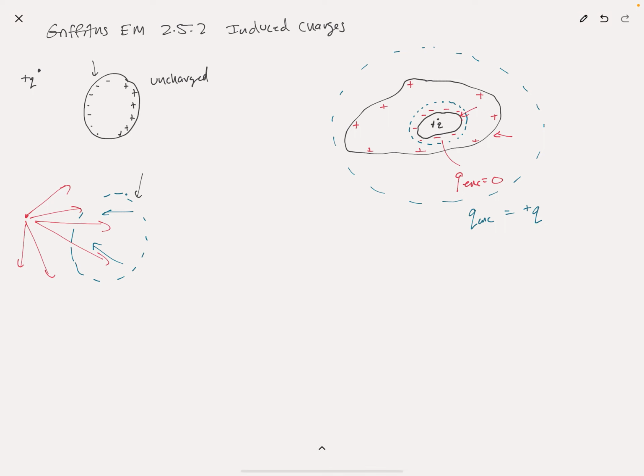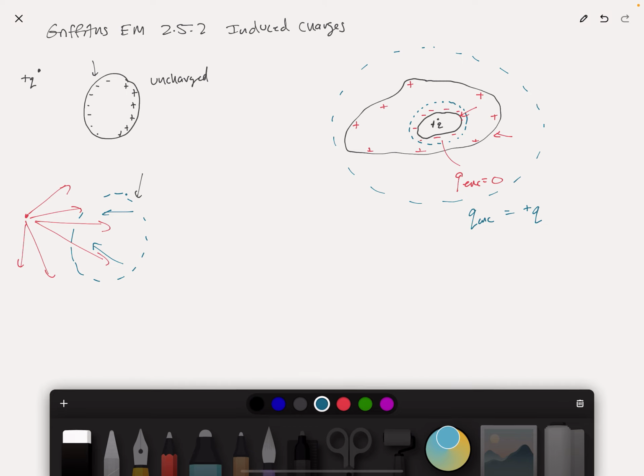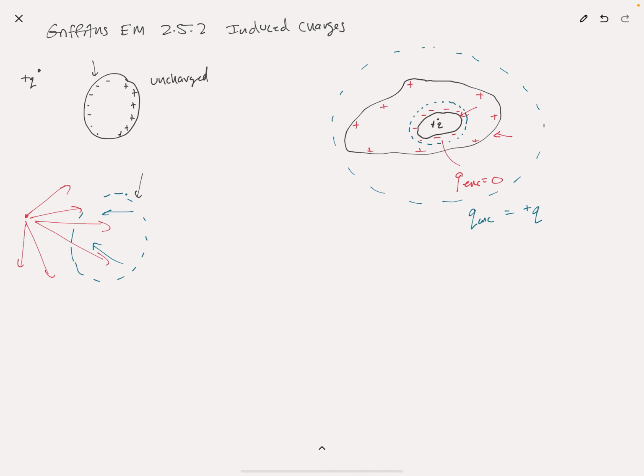Well, let's draw another example. I have some sphere. I have the center of my sphere here. I have some cavity with a positive charge Q here. We know where those charges go inside of the conductor.